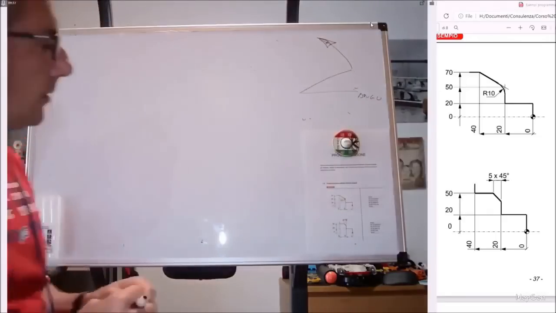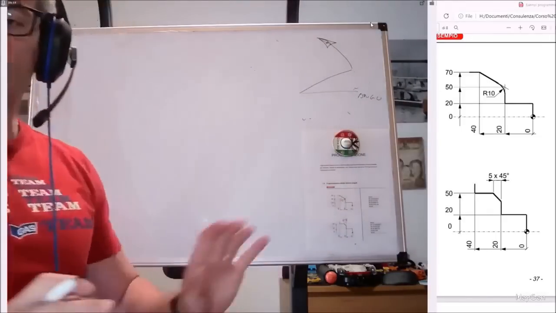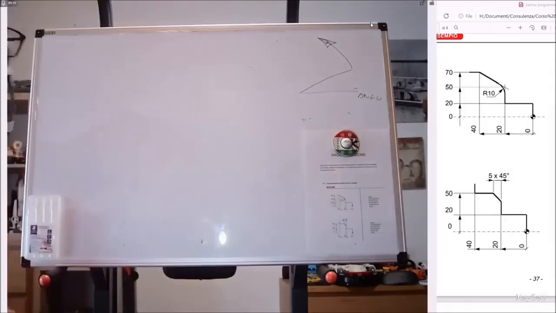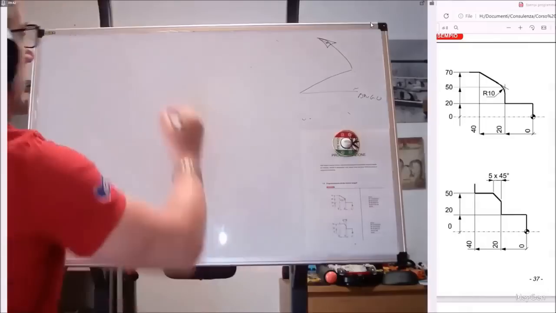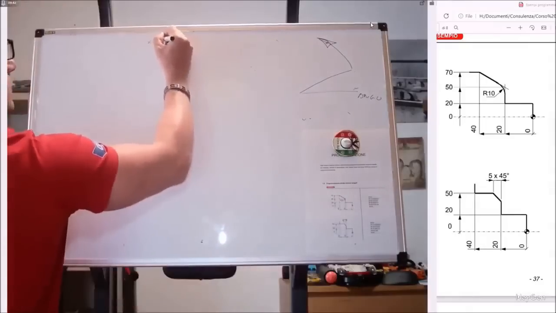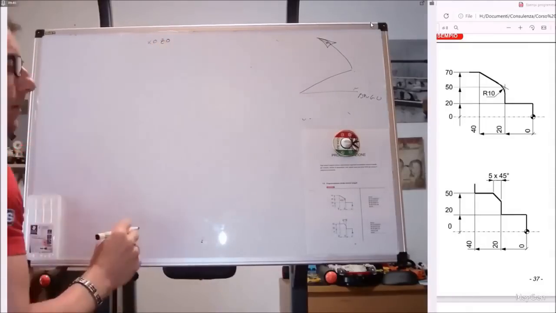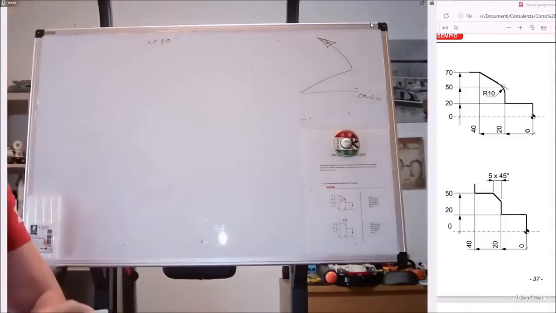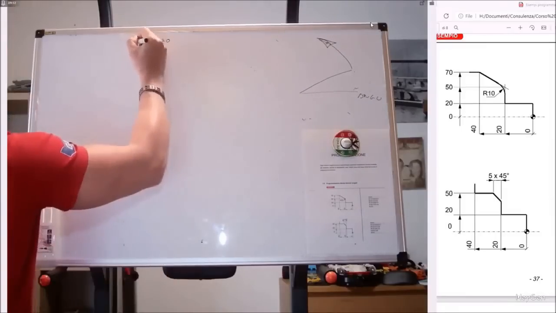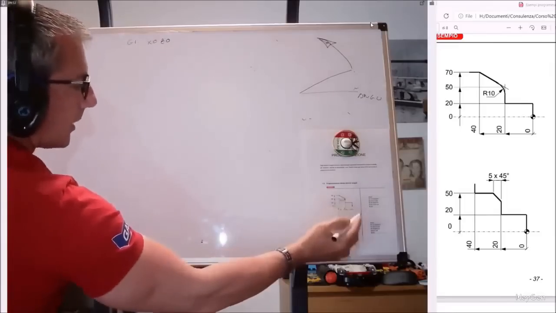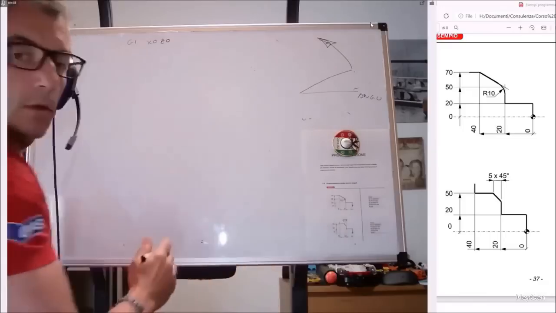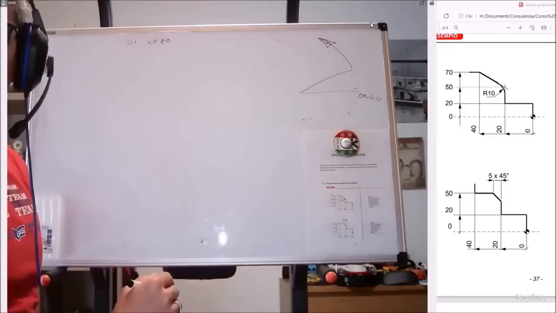Okay, the first example only involves a simple radius, which is what I showed you earlier. Let's forget about G1, G2, G3, G4. Let's just say it's all in G1. Let's only consider the path of this profile from here to there.